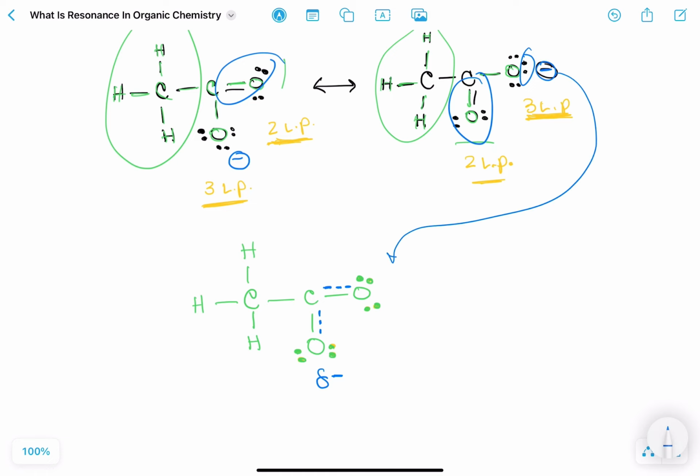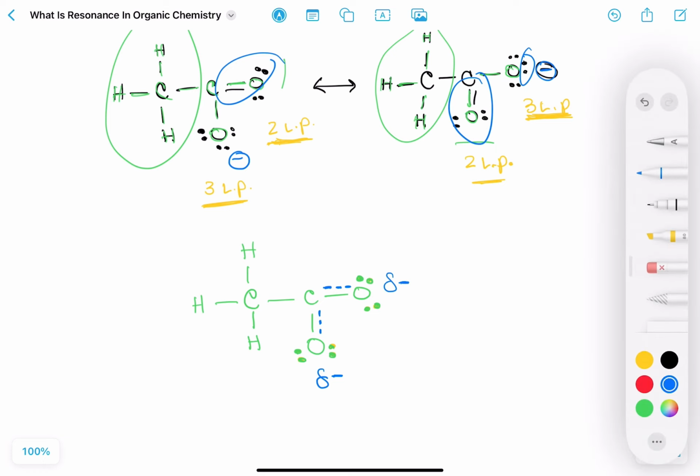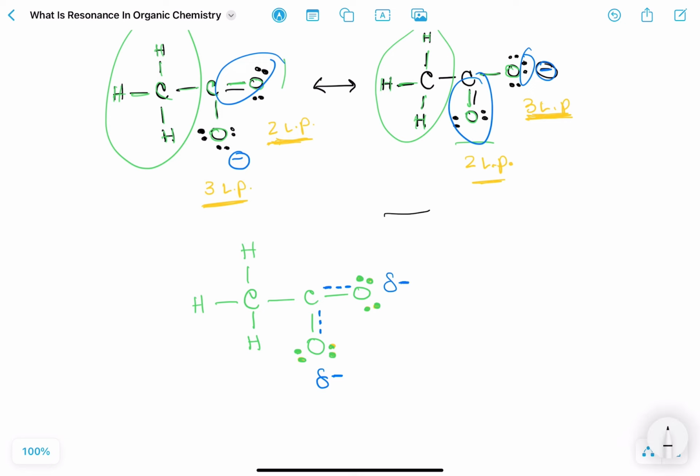Here, we're going to do a partial negative because on the right structure it's a full negative, but on the left structure it's neutral. And so this becomes our resonance hybrid. It's a way to represent that we are actually both structures at the same time.